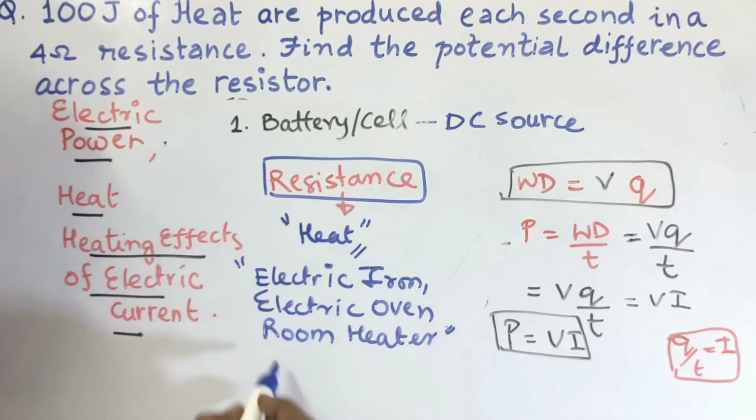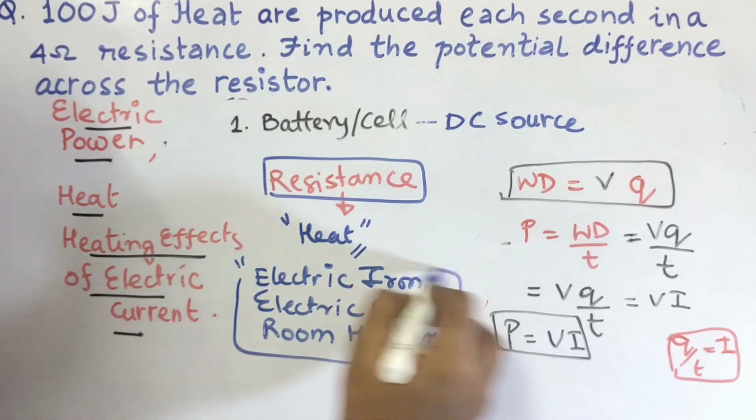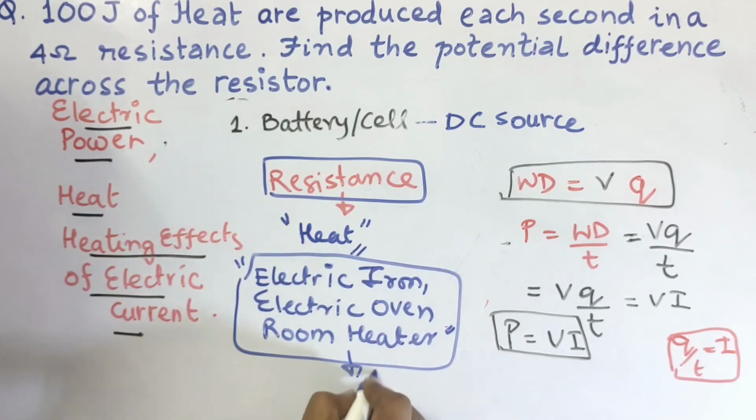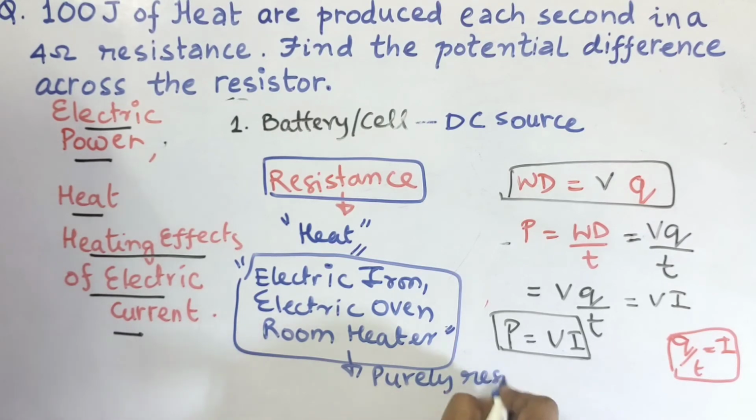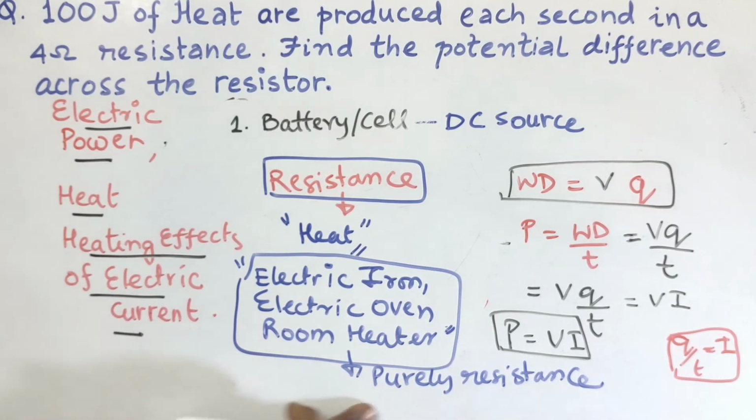So basically these are circuits which are purely resistive, and because of the resistance, the power which is given as input to them is received as heat from them.